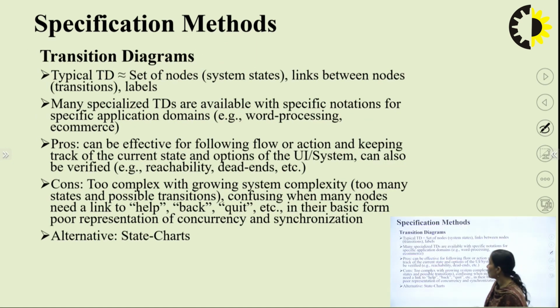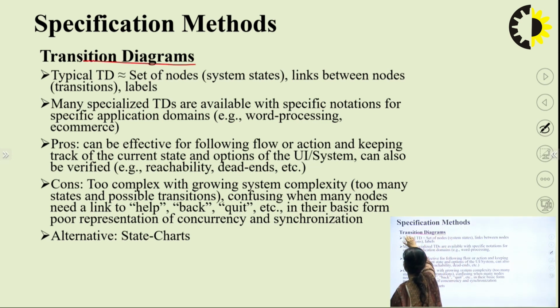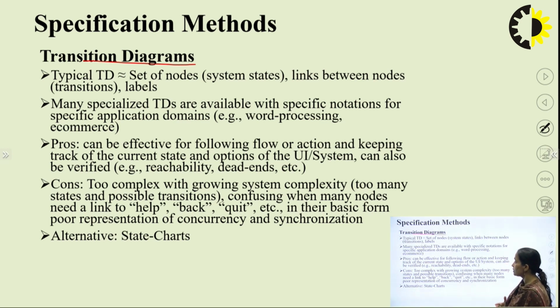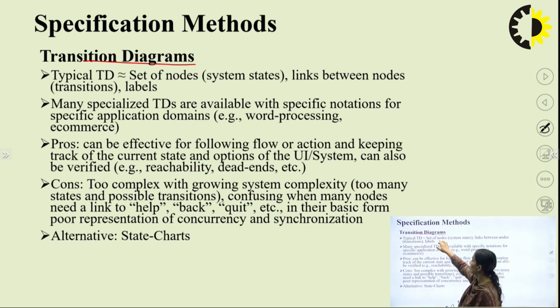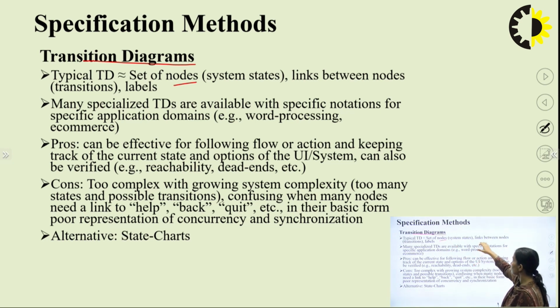Then moving on to transition diagrams. A typical transition diagram consists of a set of nodes, meaning the system states that are defined are linked together to show the transitions, and every transition is labeled.